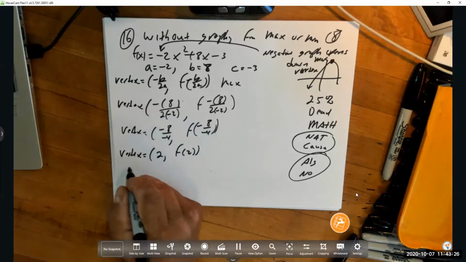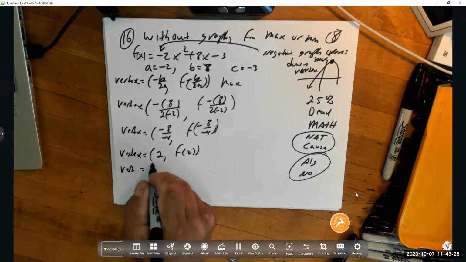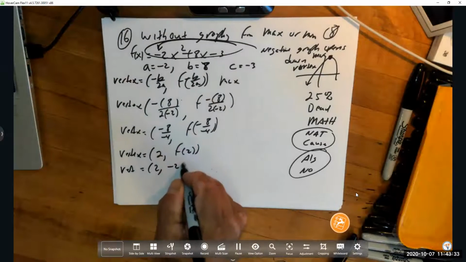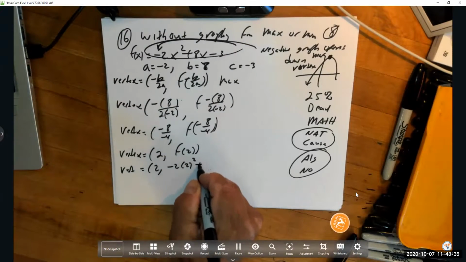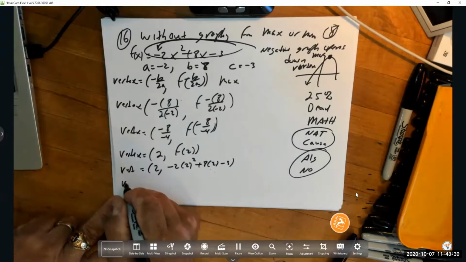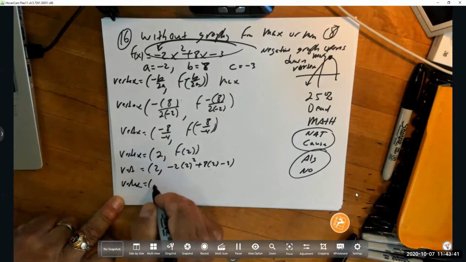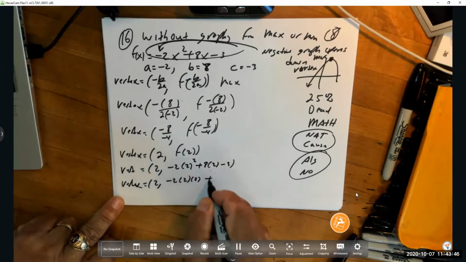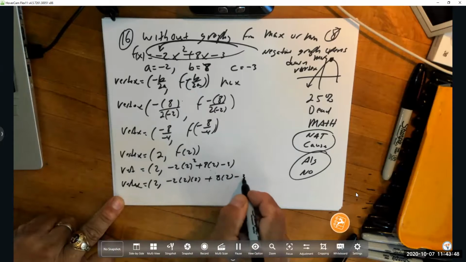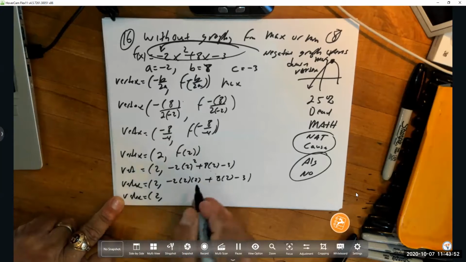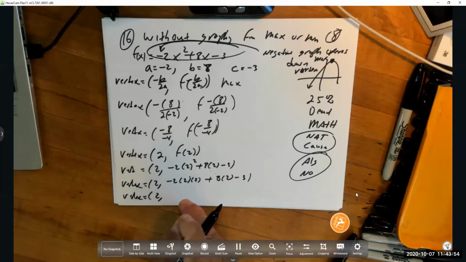All right. So now we have F of 2, which means put it back right here in this problem. This is what you're going to do. Ready? Negative 2 times 2 times 2, plus 8 times 2, minus 3. Tell me what the first part is, in the calculator, of course.